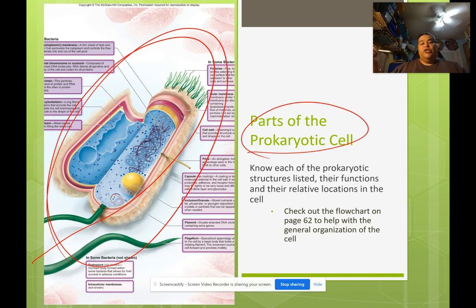You do need to know each of the prokaryotic structures listed in this figure, their functions, and their relative locations inside the cell. Now, I'm not saying it's in the northeast corner, no. But is it on the outside? Is it on the inside? Is it the outermost thing? Is it the innermost thing? That type of location. So make sure that you check out this figure on page 62.